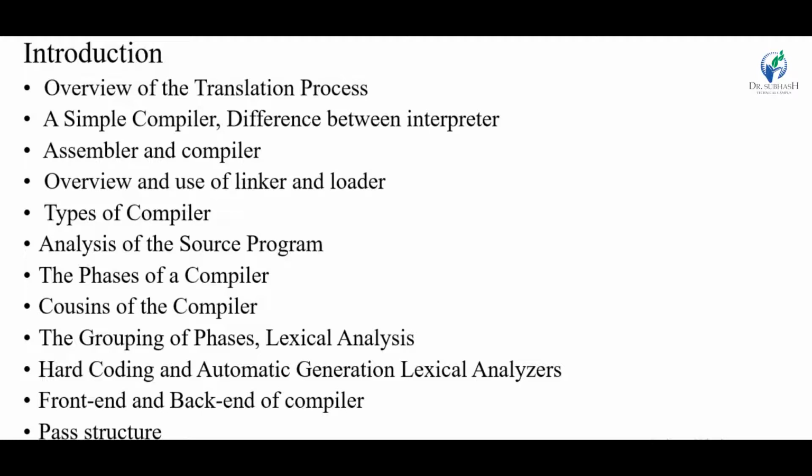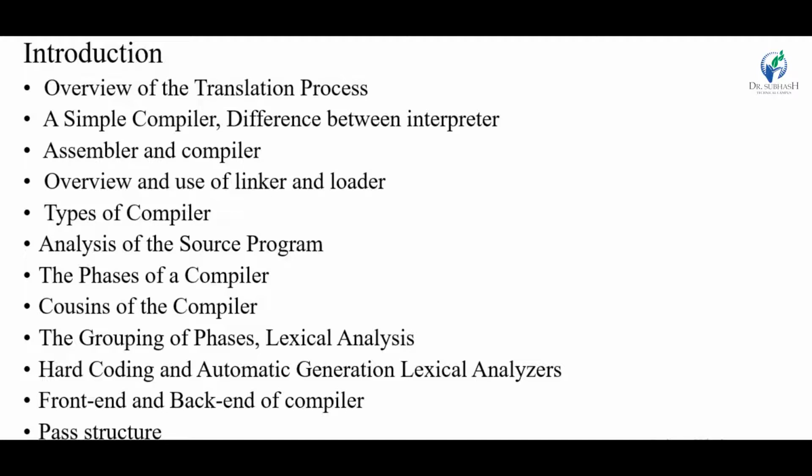It consists of code optimizer and code generator. Then finally it generates the target program or target code. So these are all the phases of compiler, front end and back end, or analysis and synthesis model of compilation.